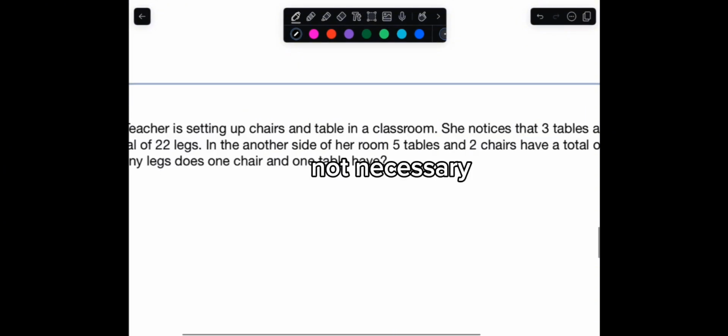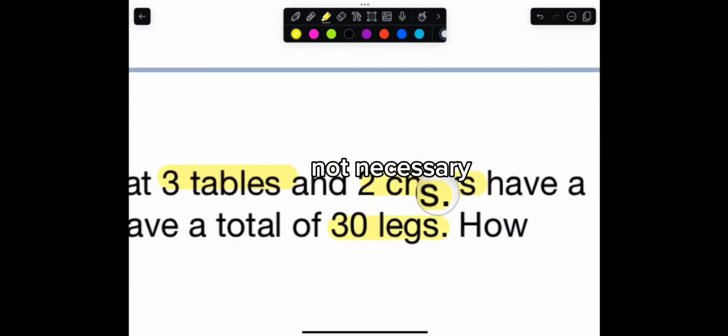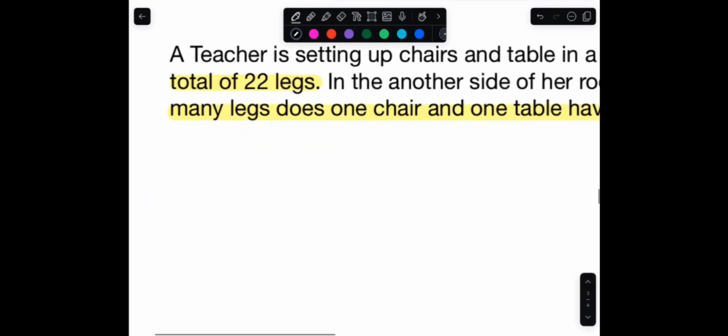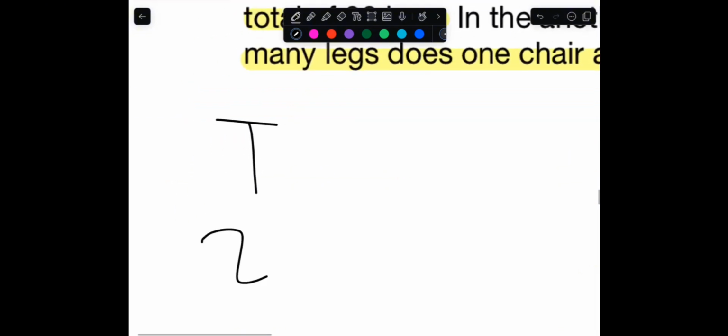So first, to start it out, you're going to want to highlight or underline the most important factors in this question. And now we're going to want to figure out what our variables are, which would be t and c in this case.